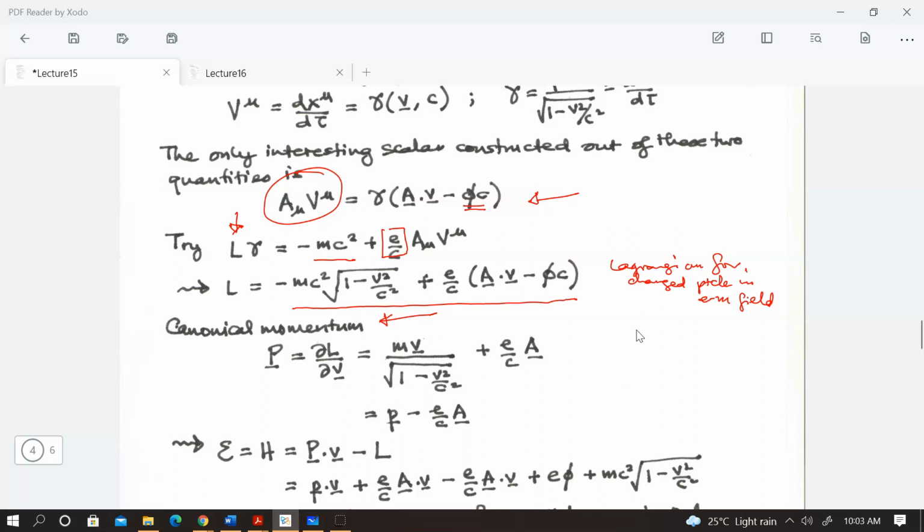So essentially, this is capital P, just to differentiate from the normal small p. Capital P here is given by mv times gamma, really, and then you have plus E on C A.